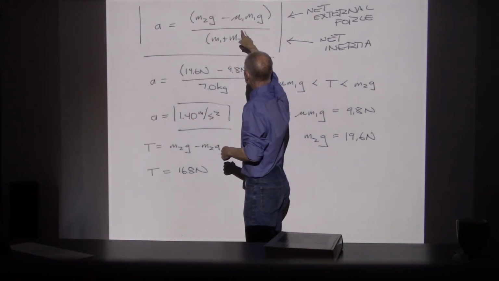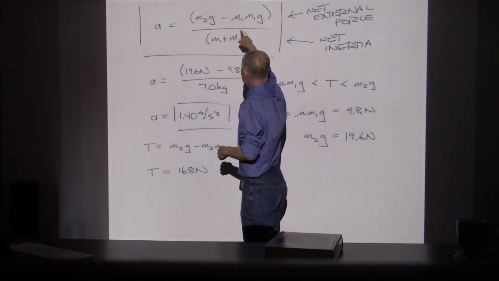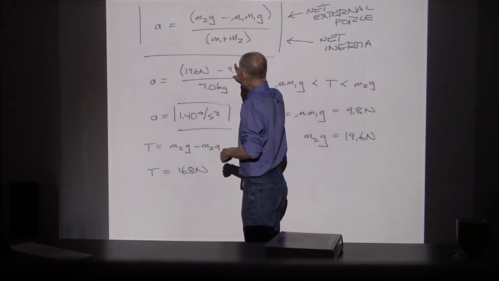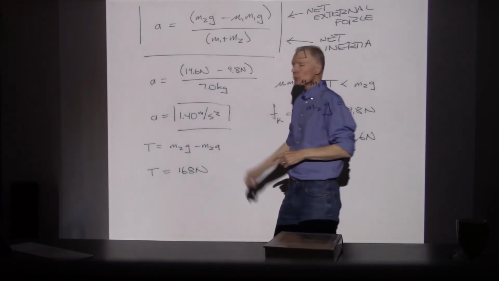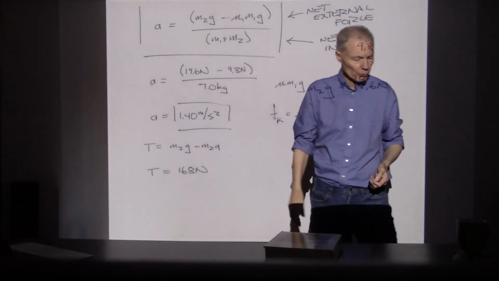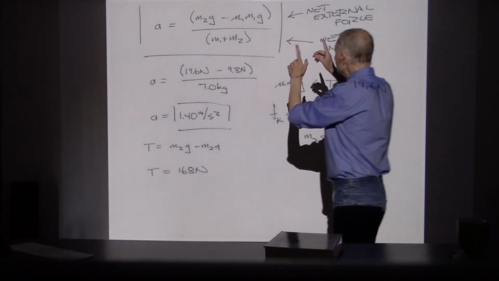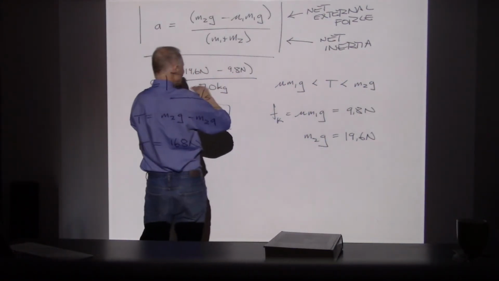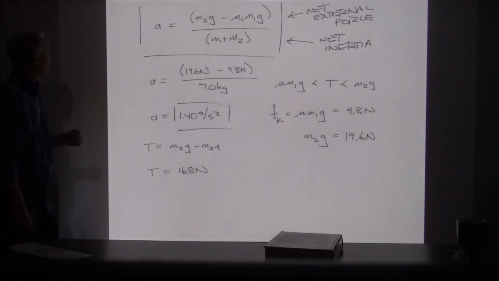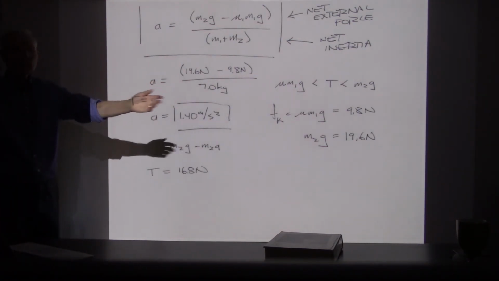If the mu value was 0.6 instead of 0.3, then this would also be 19.6 newtons, and we'd have no net force. No net force tells us that the acceleration is 0, and if the object is at rest, it would stay at rest. If it's moving, it would continue moving at a constant velocity. So if those two forces match, and we give it a little nudge to get it started, it should continue at constant velocity.